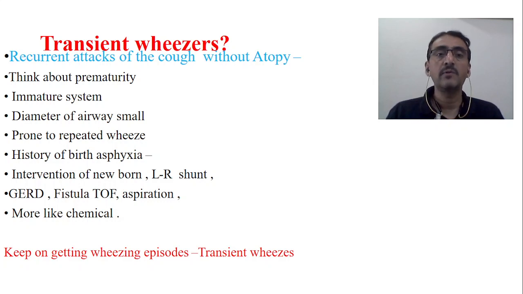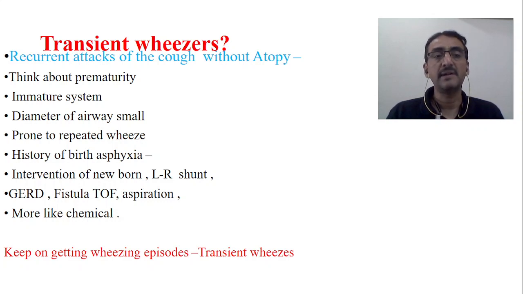What are the most common causes of non-atopic type of cough? The most common is prematurity. Take the history, whether the child is prematurely born, or it may be because of the immature system of the child. We know that in the newborn period, the airways are very small.